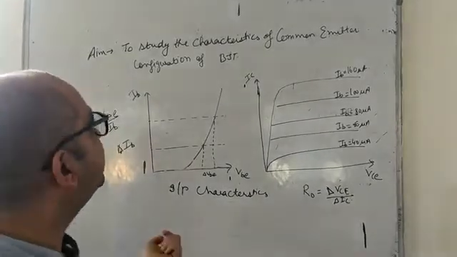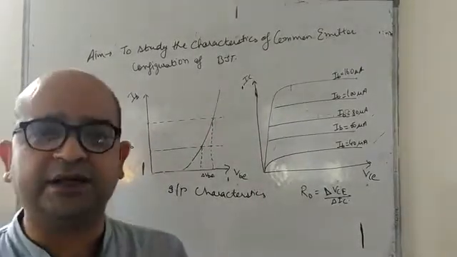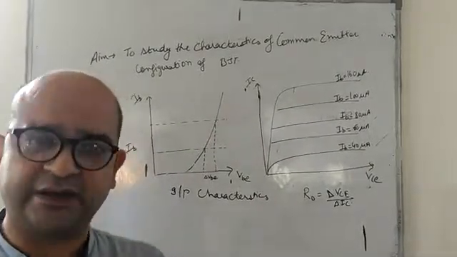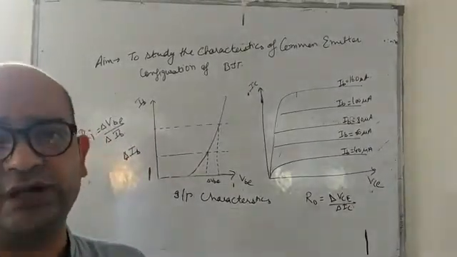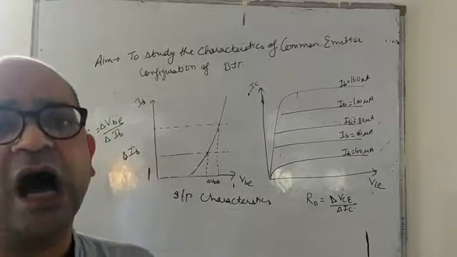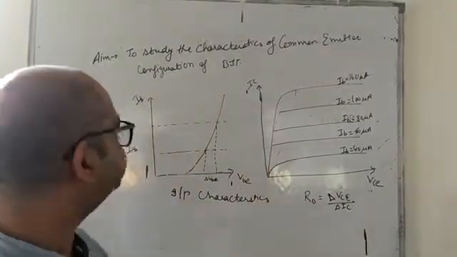Now we get the calculation of the characteristics of the common emitter configuration, and we have both input and output characteristics of the common emitter configuration of BJT.